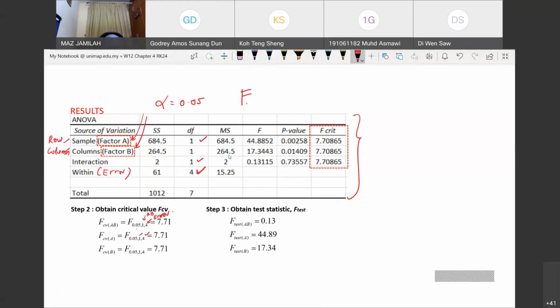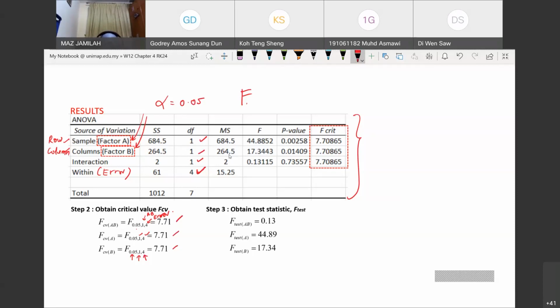The same goes for factor B: alpha is 0.05, the degree of freedom of factor B is 1, and the error degree of freedom is 4. Since everything is the same, the F critical values for the interaction, factor A, and factor B are all similar.